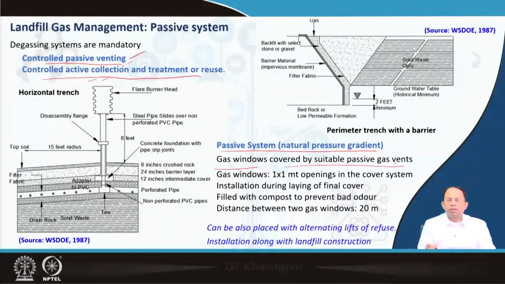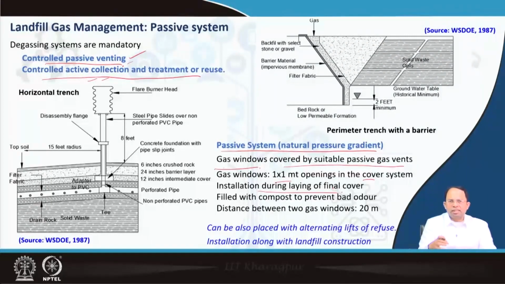So gas windows are nothing but openings in the liner system. That means in the top liner system or the cover system, we create some openings of 1 meter by 1 meter, through which we can allow the gas to come out, right? Now there are some designs for it. I will show it one by one, and this is done during installation of the final cover.